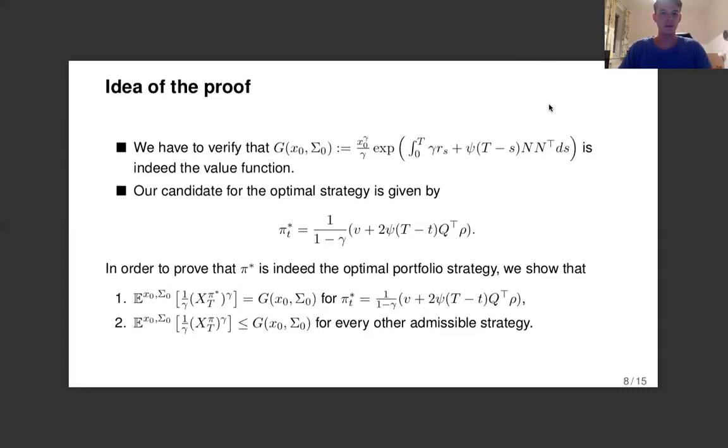First, for the candidate pi star, we have to show that the conditional expectation of the utility of terminal wealth equals the function g, and for every other admissible strategy pi, we must have that the expectation of the utility of terminal wealth is less or equal than g.